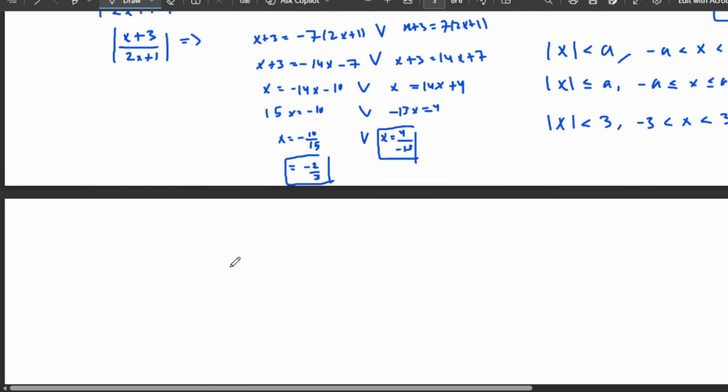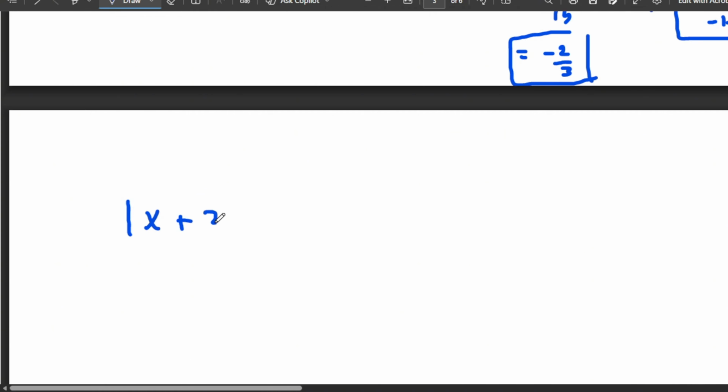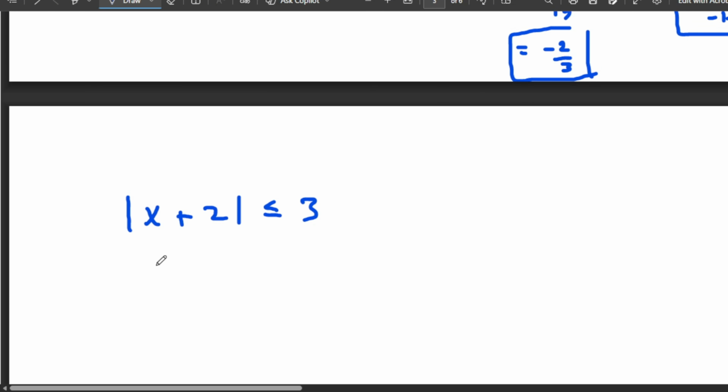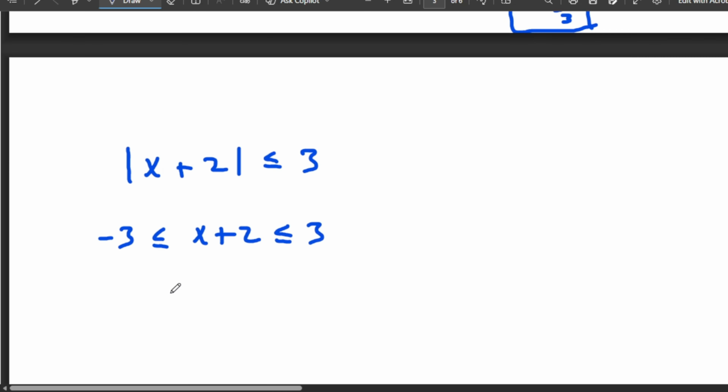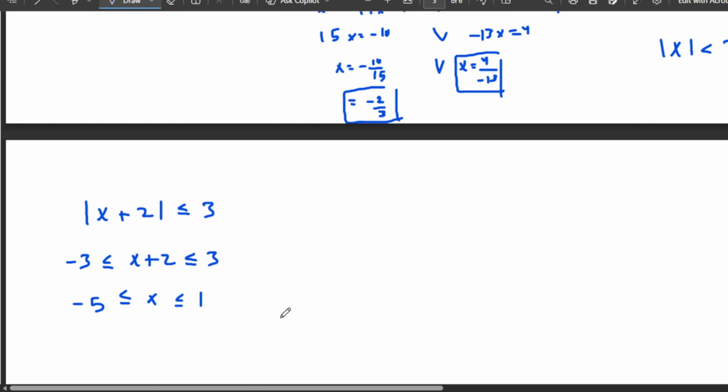Okay, how about absolute value of x plus 2 is less than or equal to 3? For this one, negative 3 is less than or equal to x plus 2, and it's less than or equal to 3. So x must be in between negative 5 and 1.